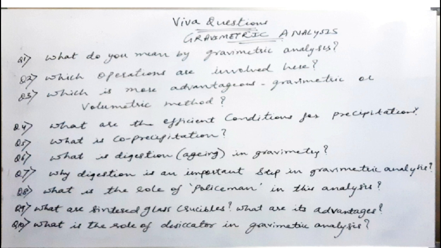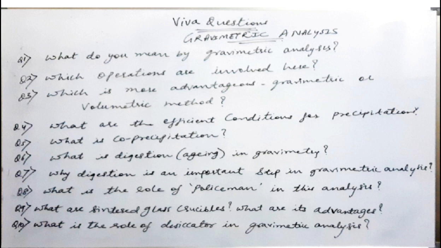Like in case of barium sulfate, if you want to filter it, then you go for G4 type of crucibles. Number 3, G3 crucibles, are used for precipitates of medium particle size. So if you want to filter, say, silver chloride, which has a medium particle size, then you can go for G3 size. In that way, depending on the particle size, you can select which porosity of sintered glass crucible is to be made use of.